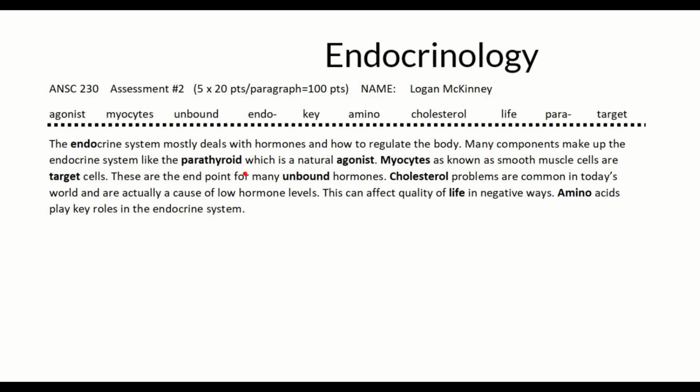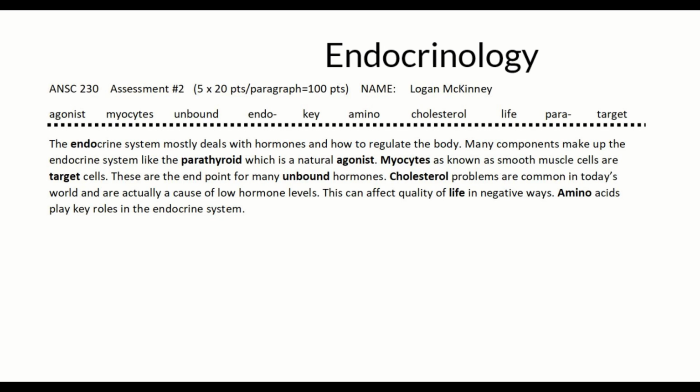These are the endpoint for many unbound hormones. Maybe you got that right, but unbound hormones that are in the blood can leave the blood and go into cells or tissue and bind to receptors. That's not exactly what you said.